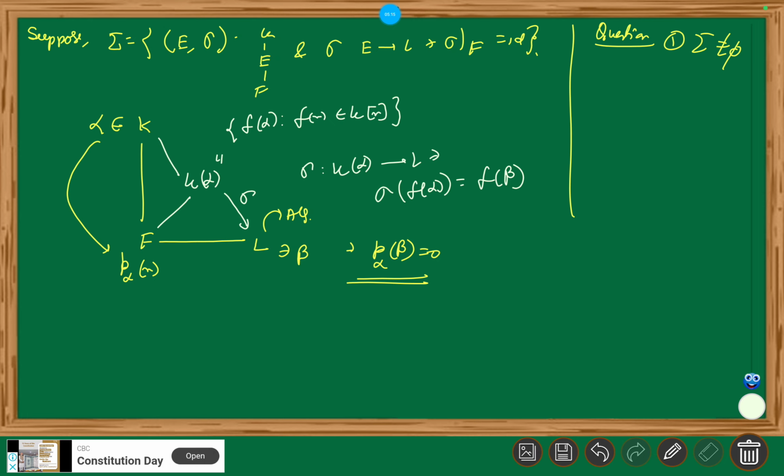So that means basically alpha is mapping to beta. That's a key point. Okay. So then we can consider F alpha and sigma, this tuple. So that means for any alpha belongs to K, we have F alpha comma sigma belongs to this set. So this is non-empty. So this is done.